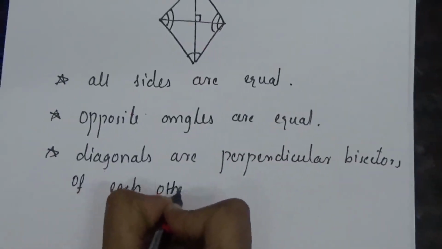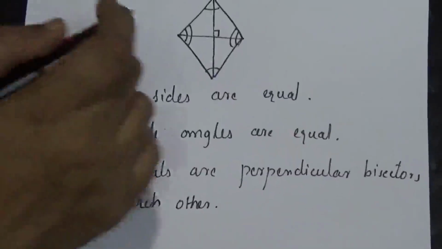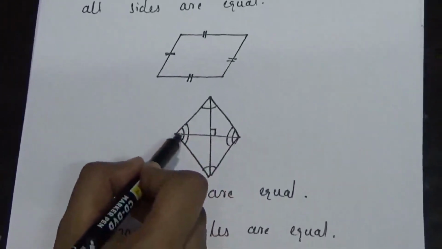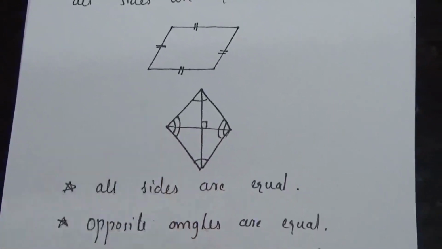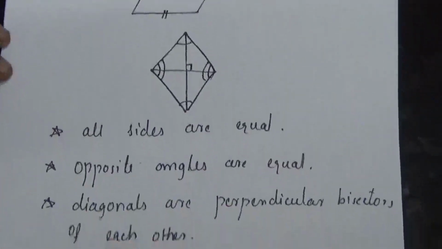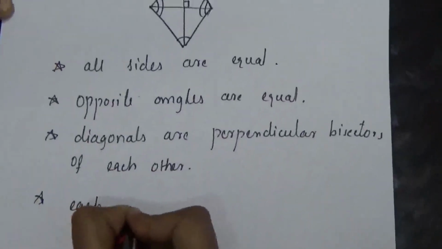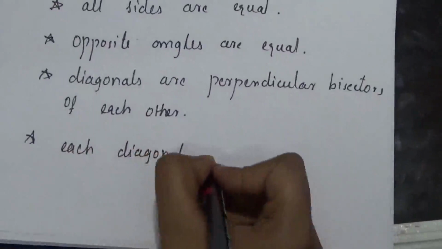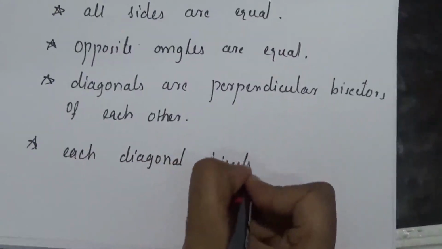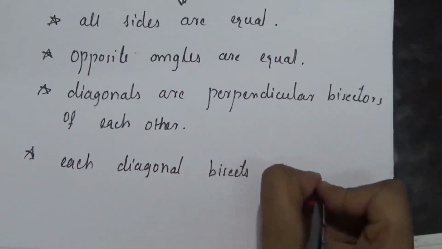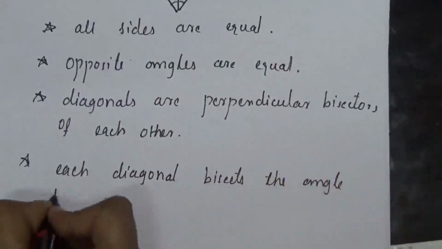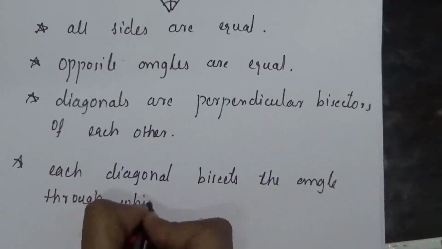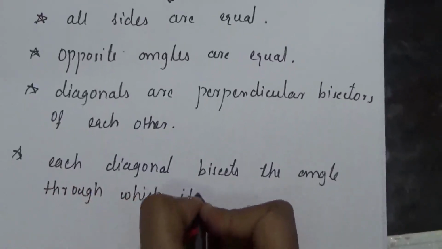And definitely each diagonal bisects the angle through which it passes.